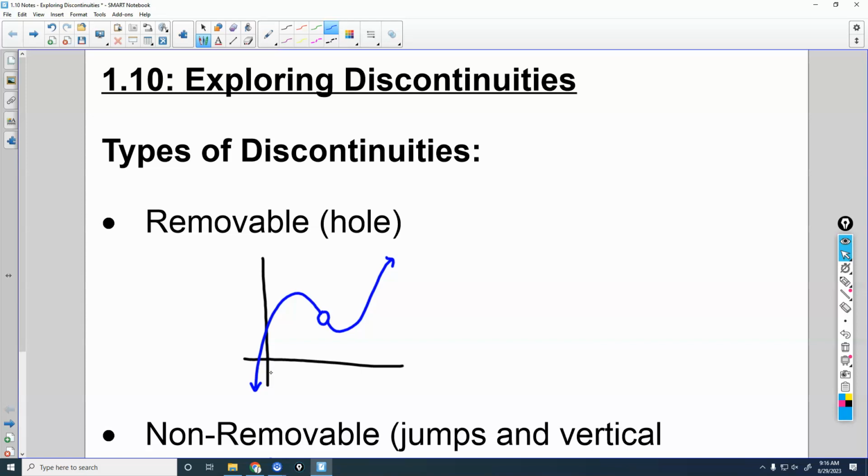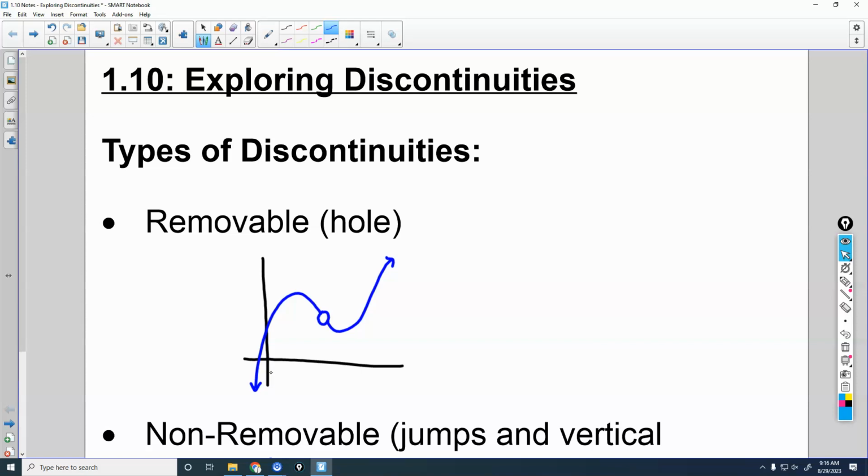It is called a removable discontinuity because if we put one single point right there, it would remove the discontinuity and our line would be continuous.